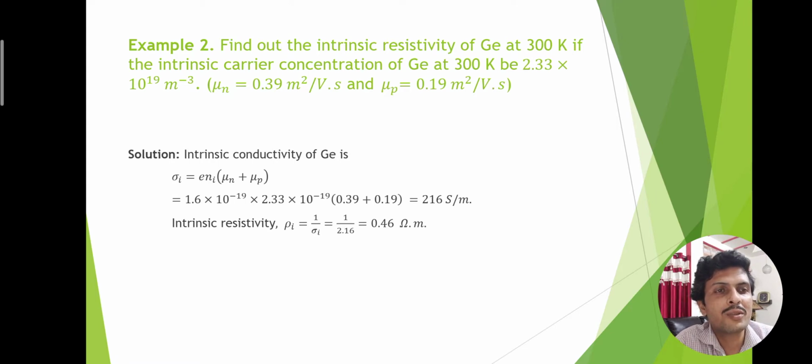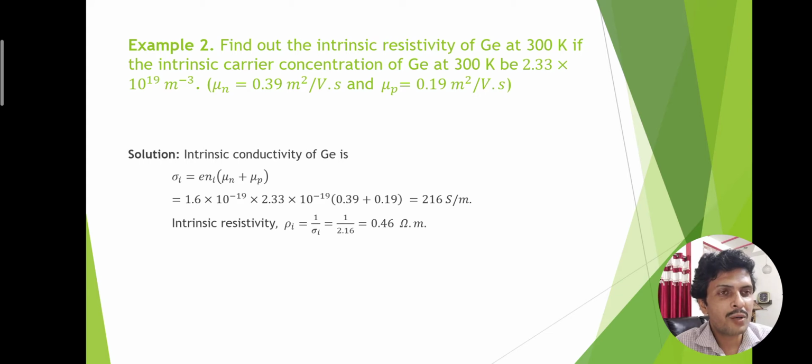So the conductivity equation you need to recapitulate, and here for the intrinsic germanium semiconductor, it is sigma I equal to e, that means the electron charge, times the intrinsic carrier concentration Ni, multiplied by the summation of the mobility of electrons and holes.